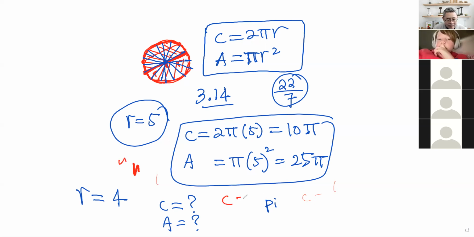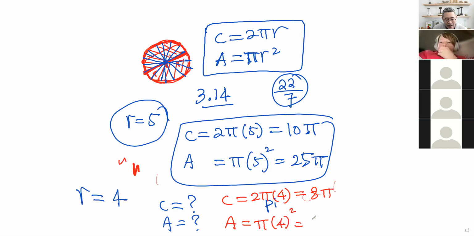So our circumference is 2 pi r. Our r is 4. So 2 times 4 is 8. So it's 8 pi. Now our area is pi r squared, 4 squared. So we got 16 pi.